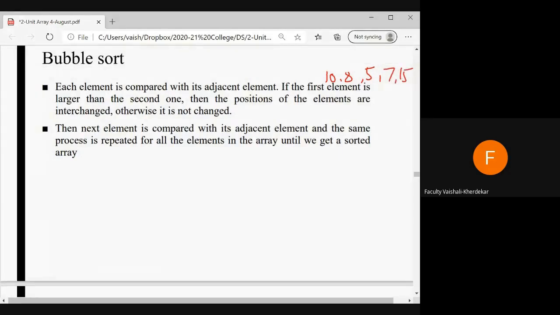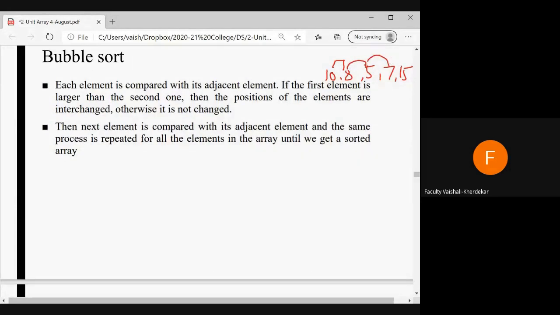Then in bubble sort, each element is compared with its adjacent element. 10 is compared with 8 and we check whether it is less than or greater than. If the first element is greater than the second element, then we interchange the values. The same way, second and third, third and fourth, fourth and fifth, and so on.